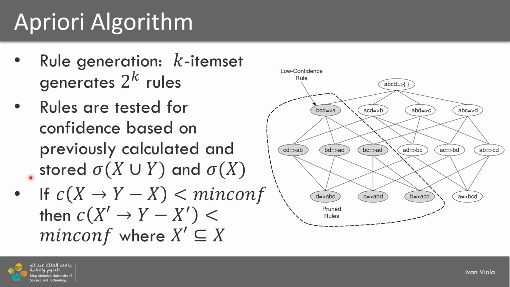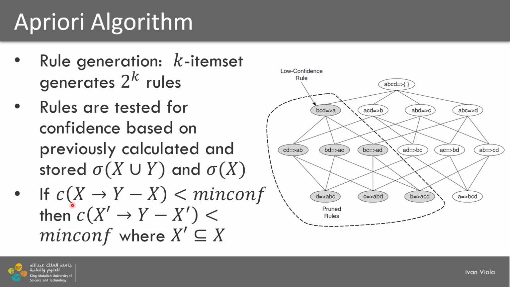Here we are looking, for example, for the low-confidence rules, because what holds is that if a rule x implies y minus x, so that we do not have x expressed on the right-hand side, that is, y does not contain any elements of x, has a confidence smaller than the minimal confidence, then x prime implies y minus x prime will also be smaller than the minimum confidence threshold, in case x prime is a subset of x.